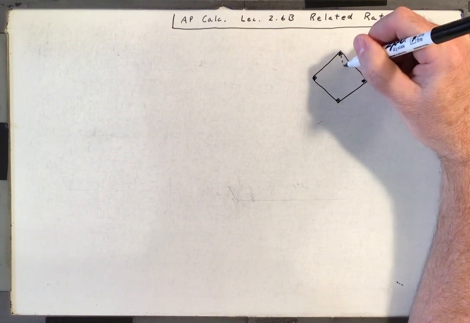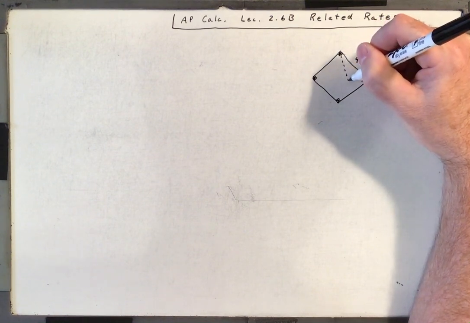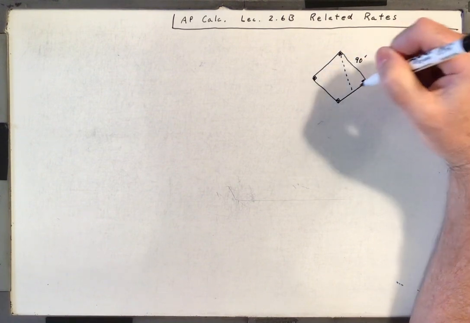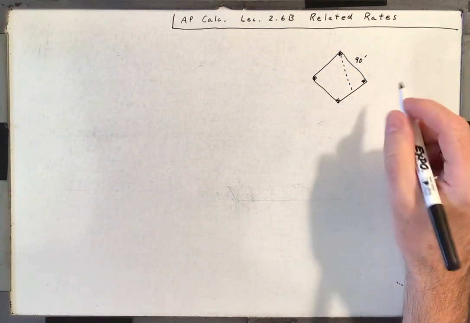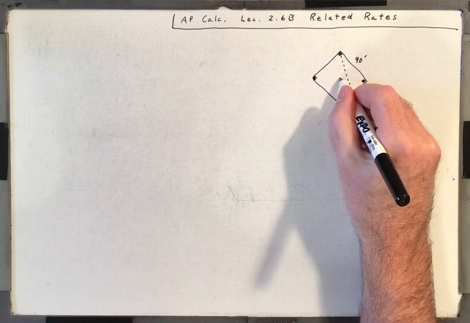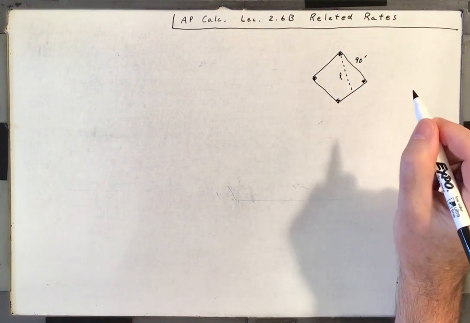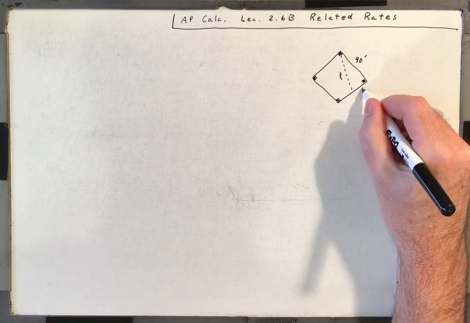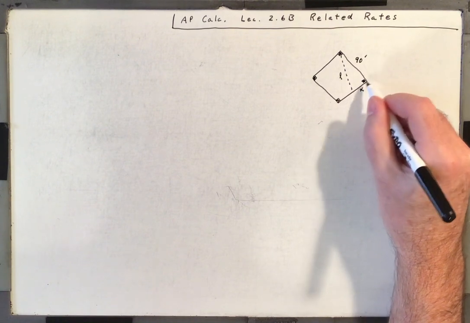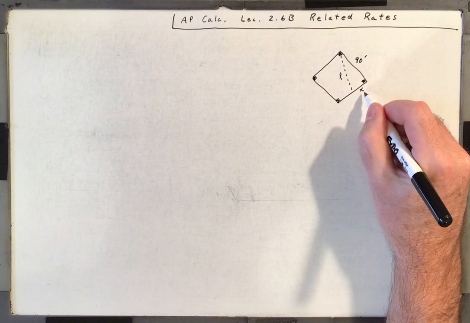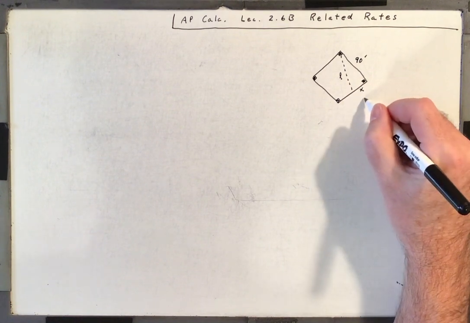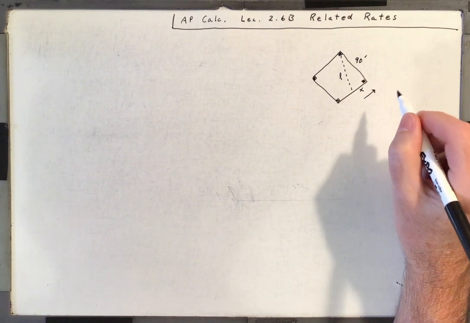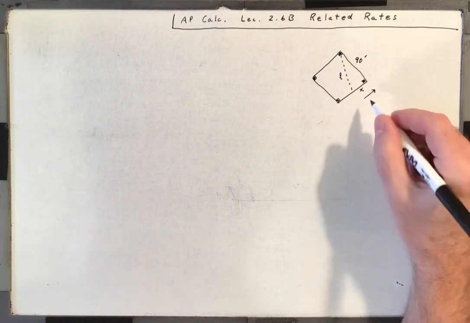So I'm just going to do a dashed line that goes from second base to the batter, and let's call this length L, and I'm going to call this distance between the batter and first base X, and we also know that the batter is traveling at 24 feet per second.